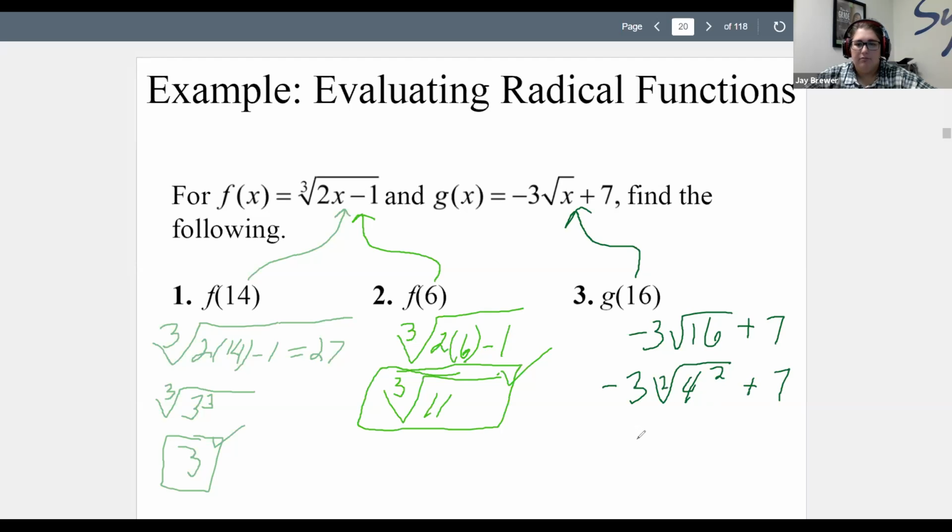The absolute value of 4 is 4, so negative 3 times 4 plus 7. So negative 12 plus 7 will give us negative 5. Boom.